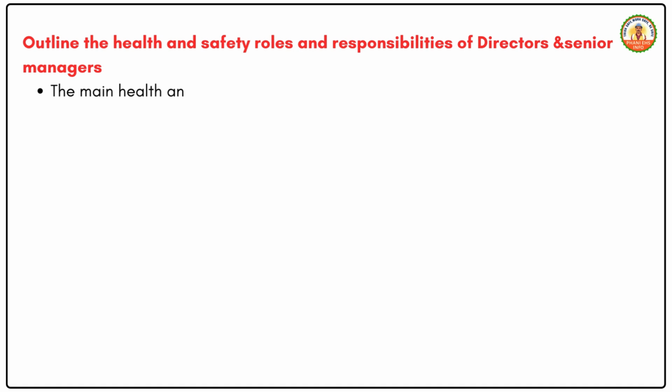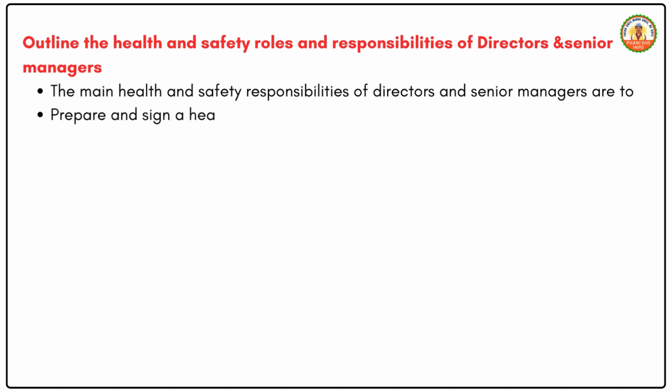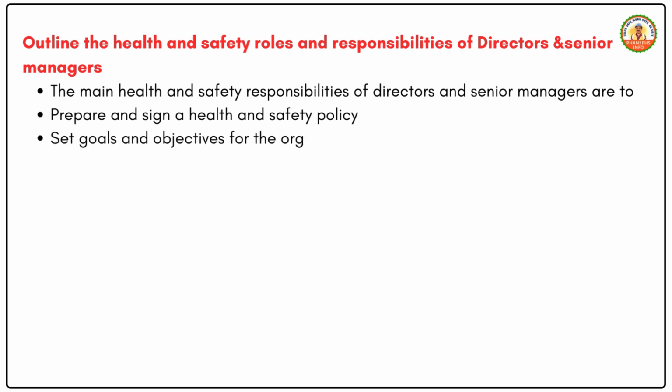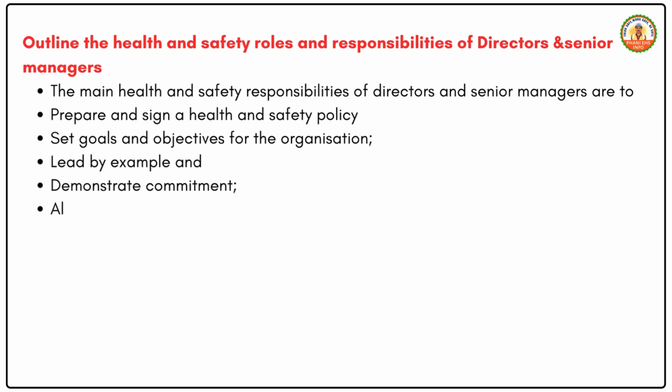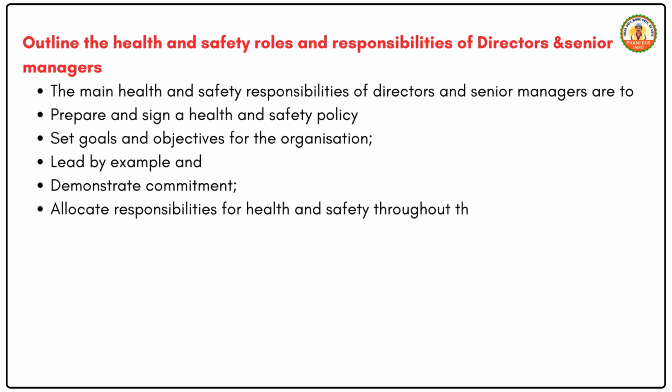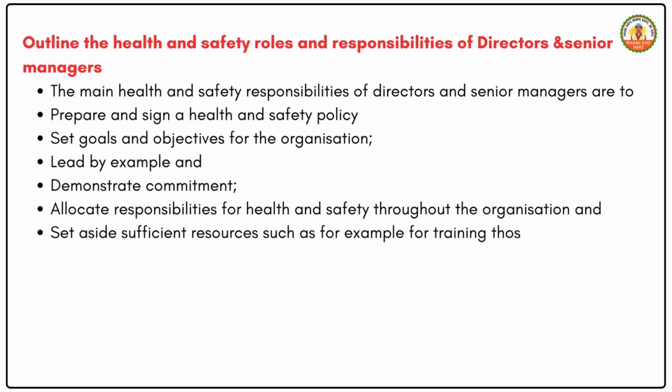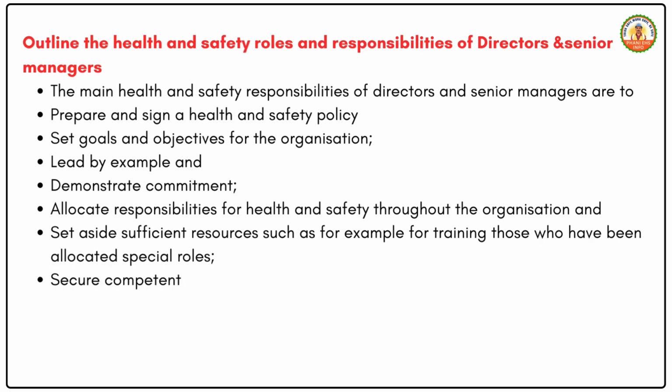The main health and safety responsibilities of directors and senior managers are to prepare and sign a health and safety policy, set goals and objectives for the organization, lead by example and demonstrate commitment, allocate responsibilities for health and safety throughout the organization and set aside sufficient resources, such as for training those who have been allocated special roles.